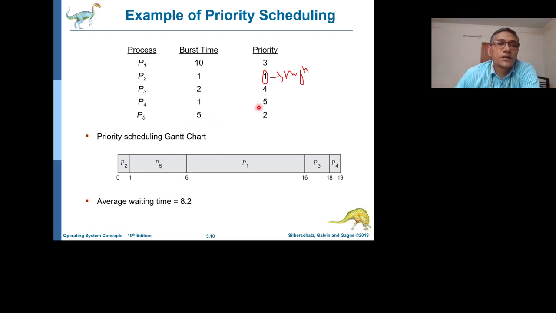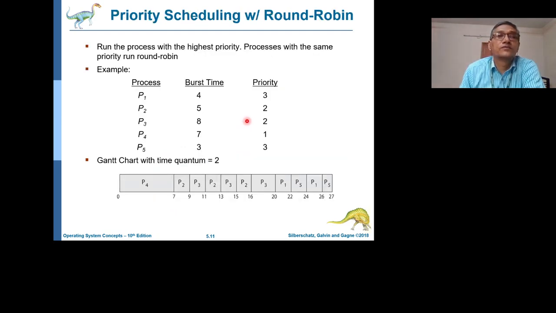The next higher priority process is P1, it will execute for 10 milliseconds. And finally P3 as the next higher priority will execute for 2 milliseconds, and P4 will execute last for 1 millisecond. So when you calculate the waiting times, the average waiting time will be 8.2 milliseconds. So this is the typical example for priority scheduling.